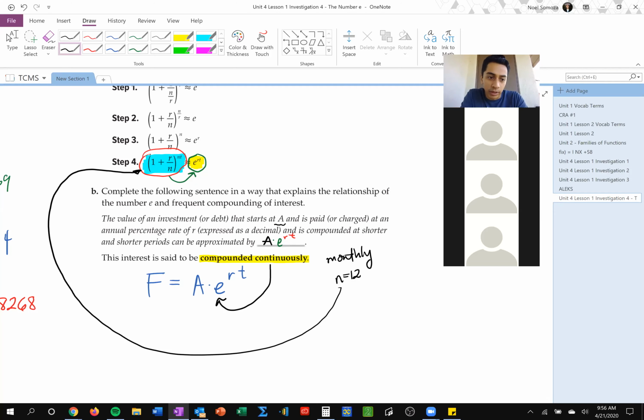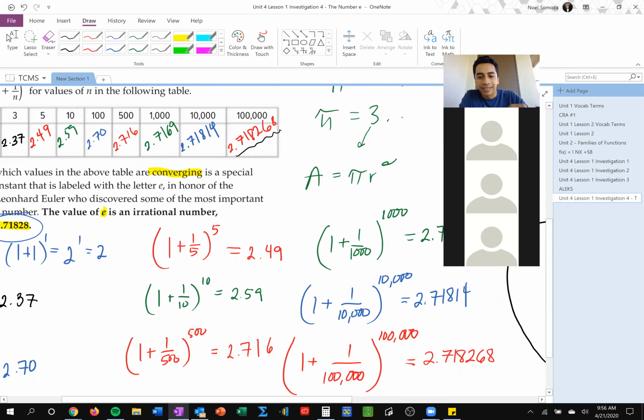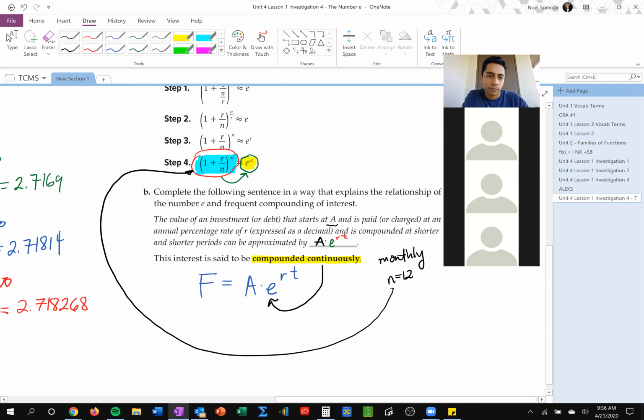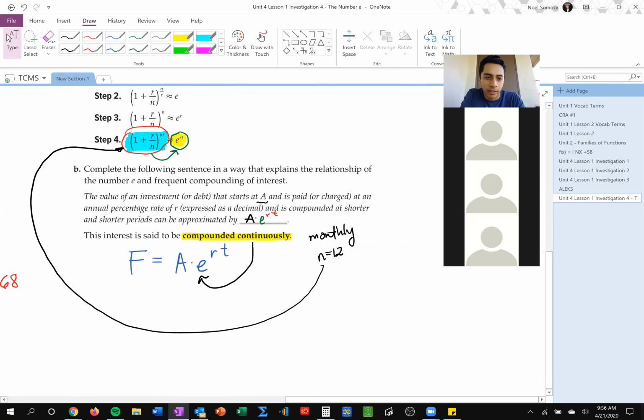It's assuming that it's happening so many times that we have rounded that value now to 2.718, so there's no need to do it again. So here's what we're going to use moving forward as our future value formula.